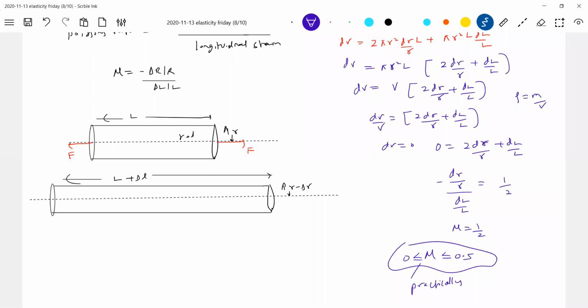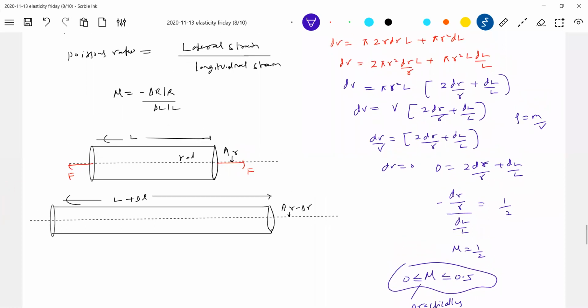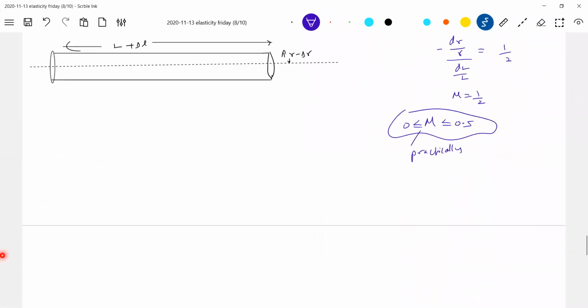Can it be like this? If I decrease length, radius will increase. Yes, it can happen also. So let's explore now. So we'll take some set of diagrams. So this is initially, okay, this can happen.